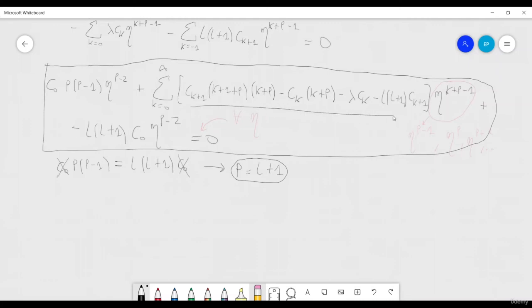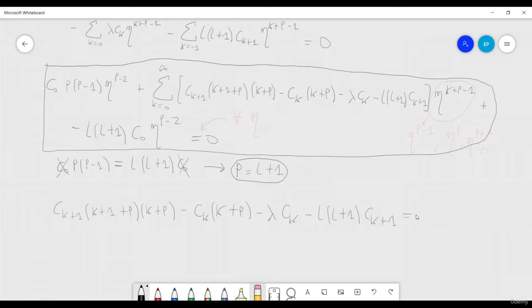Whereas the other equation that we can get, we will not use that, but you can get another equation from here, and this equation tells us that c sub k plus 1 times k plus 1 plus p times k plus p, minus c sub k times k plus p, minus lambda times c sub k minus L times L plus 1 c sub k plus 1 should be equal to 0.